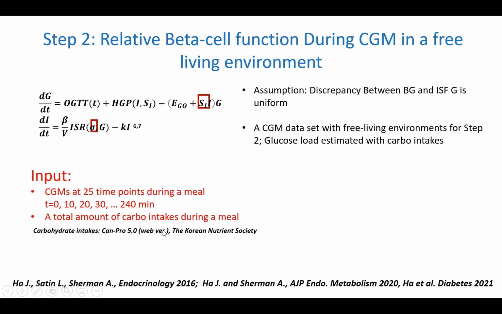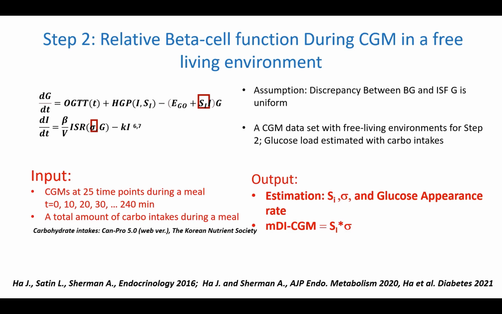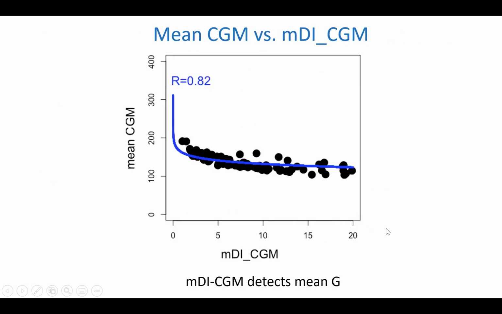In this data, our collaborator estimated the carbohydrate intake using CAN-Pro 5.0, the web version published by the Korean Nutrition Society. With this, we're going to estimate the glucose load, sigma, and SI. The output is the estimation of SI, sigma, and glucose appearance rate. We're going to use that SI times sigma as MDI from CGM. I'm going to show a simulation for this.